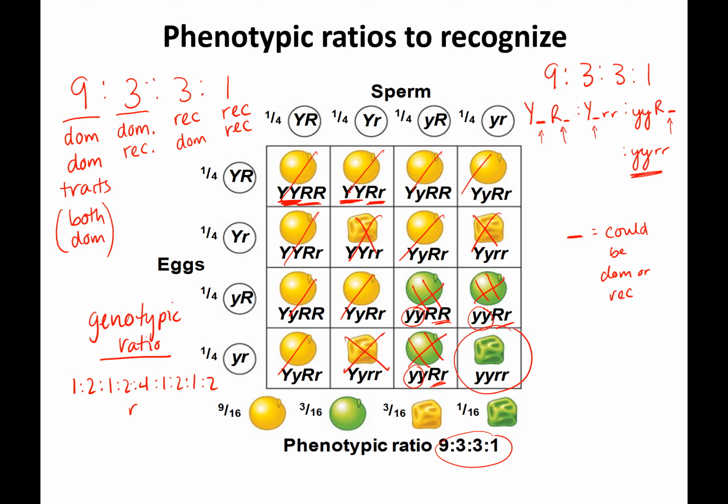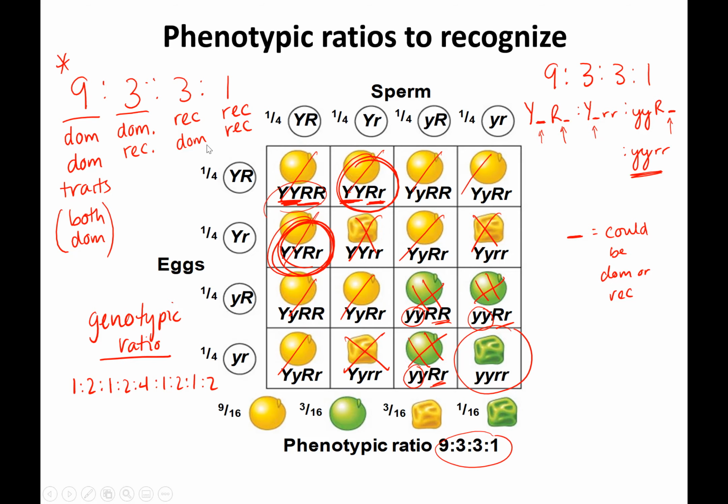And you could go through and figure out where all these unique genotypes are, right? So we have 1 big Y, big R, big R. But we have 2 big Y, big R, little r. And I'm not going through all those. You don't need to memorize that number. I can't remember that number. But the 9:3:3:1 ratio can help you do some problems faster.